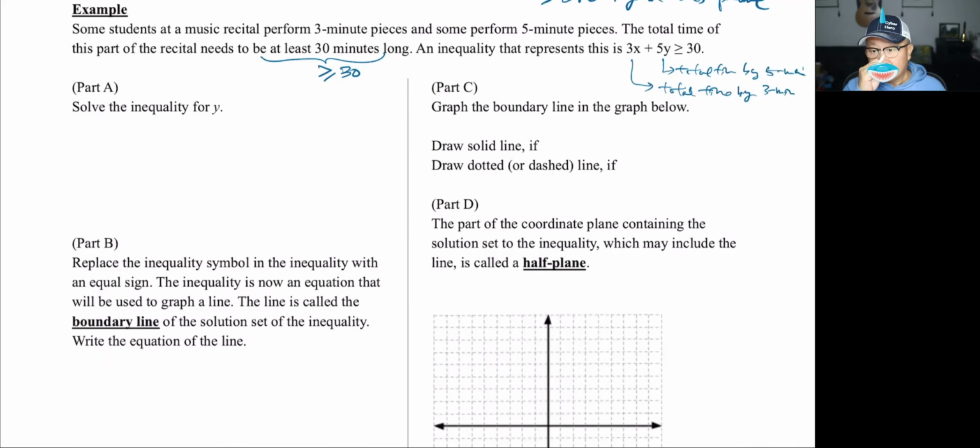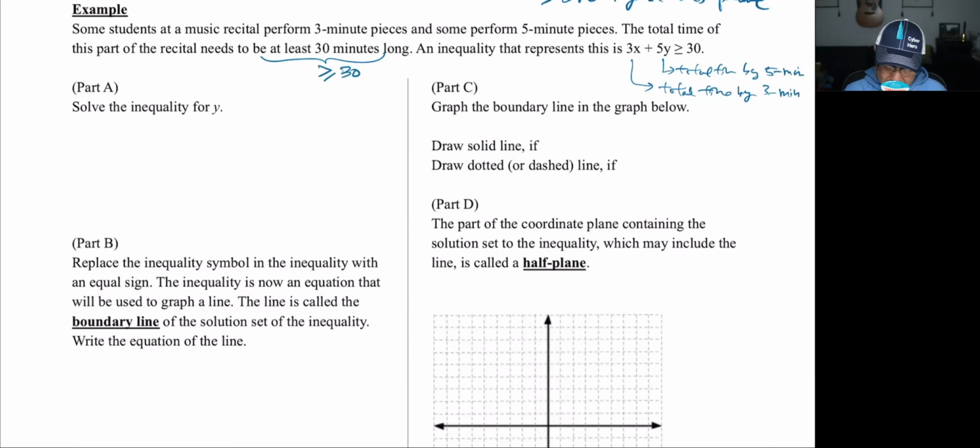Did that make sense, guys? I'm sorry for the horrible handwriting, but you should be listening as you write this down. I'm not going to write everything down, otherwise we'll take the entire page. It's a bit of shorthand, right? So 3x plus 5y is the total recital time by adding the 3-minute and 5-minute recital pieces. That's what that basically means, right?